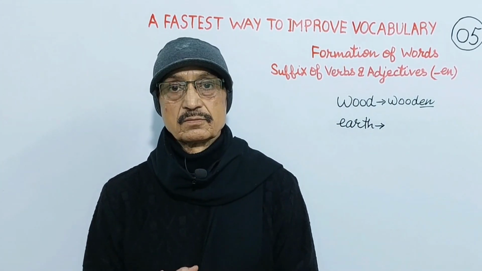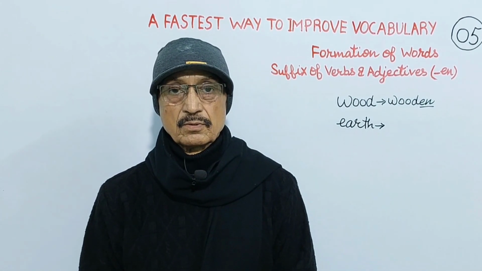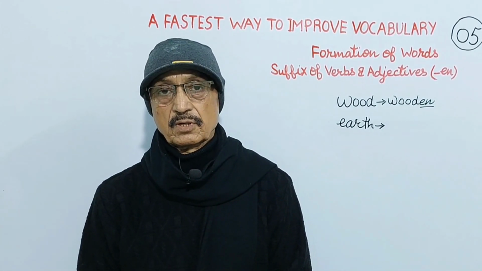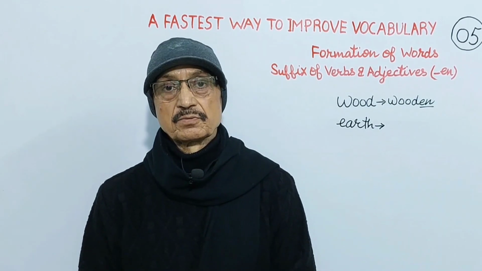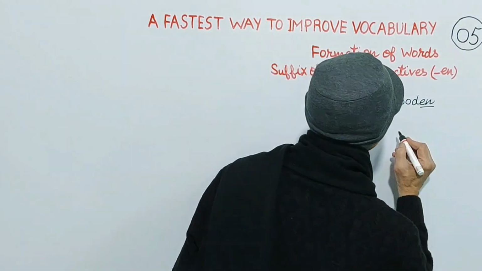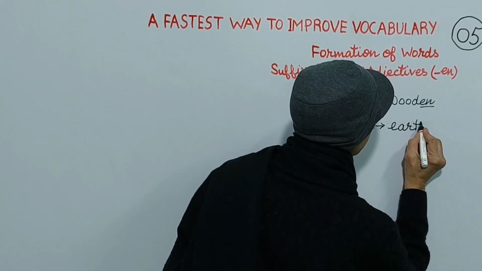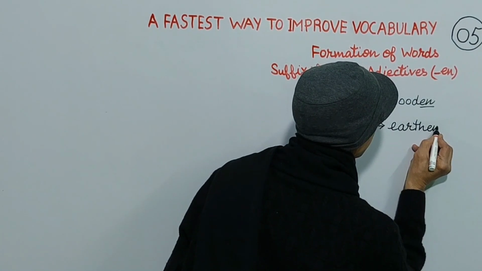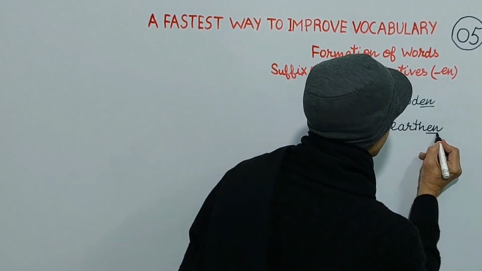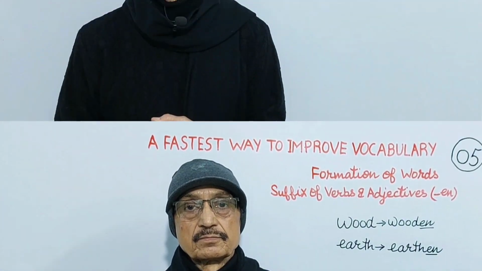Earth noun changes into its adjective earthen. It means made of earth. Earthen, made of clay also.